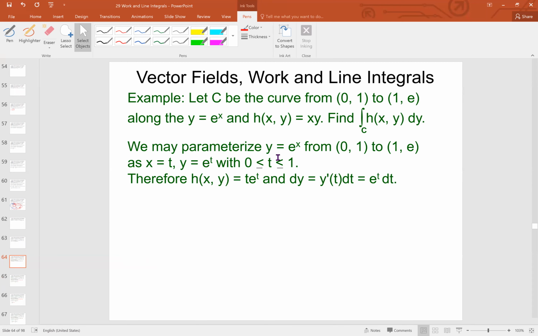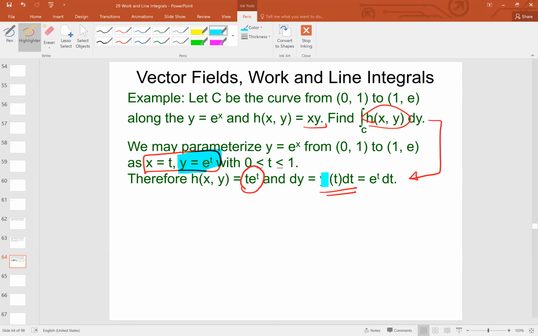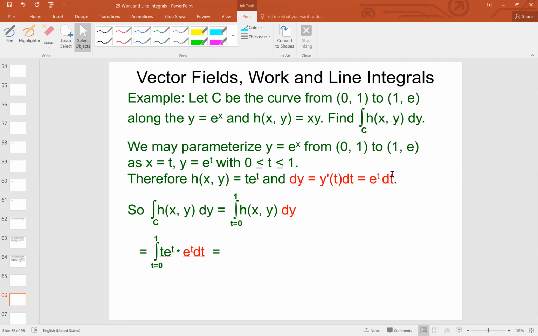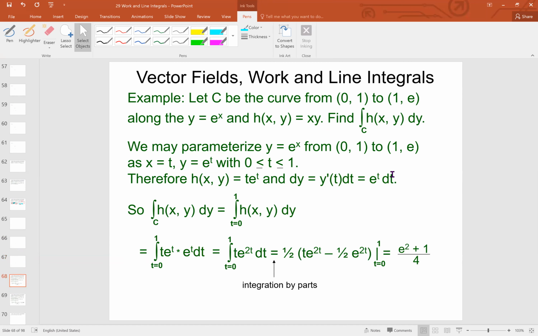The curve can be parameterized as x(t), y equals e to the t. My function h of xy is x times y, so in t it is that. And then dy is y prime dt, so y prime dt is e to the t dt. With this, we can put these together, and then it's either integration by parts, and then they get the answer.